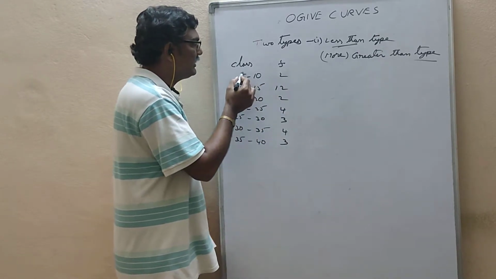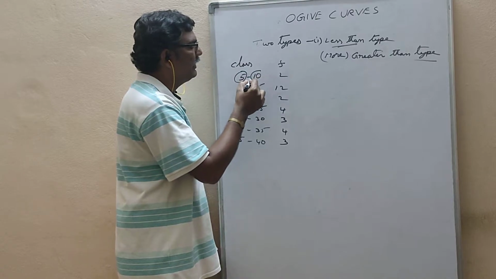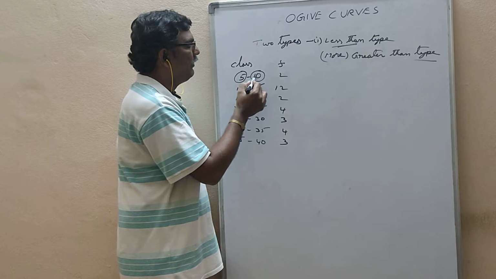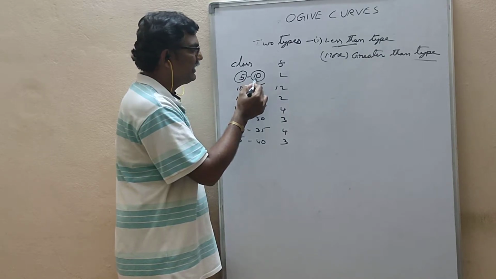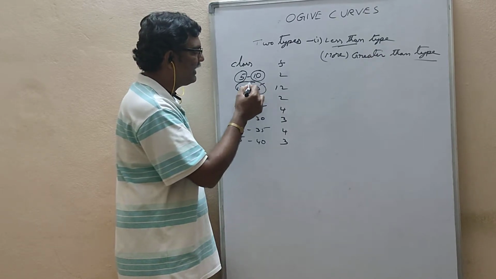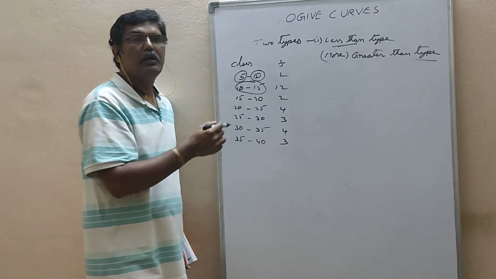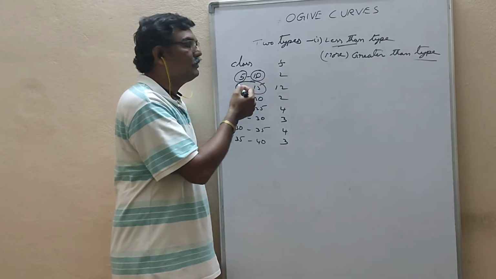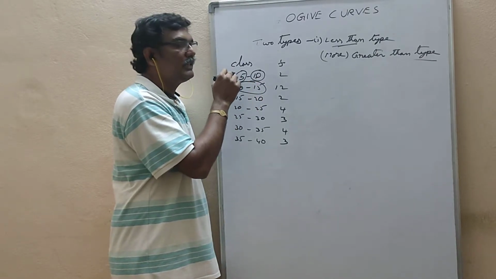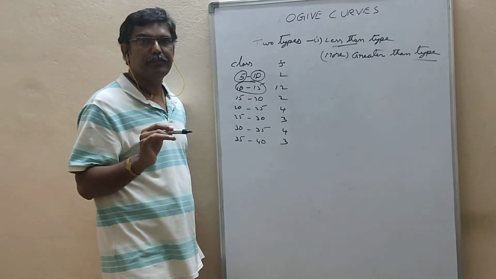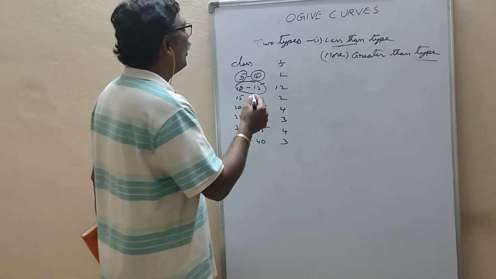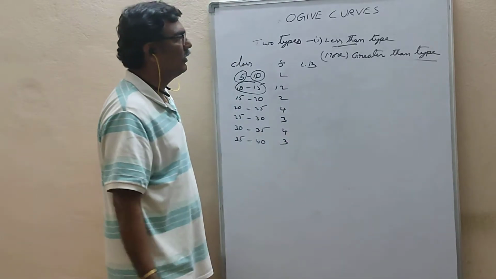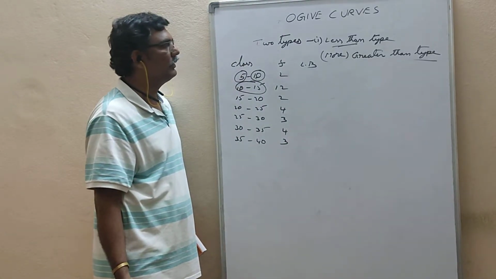Here, see, it is the lower limit, it is the upper limit. The upper limit of one class is equal to the lower limit of the next class, which is called exclusive classes. For exclusive classes, limits and boundaries will be the same.